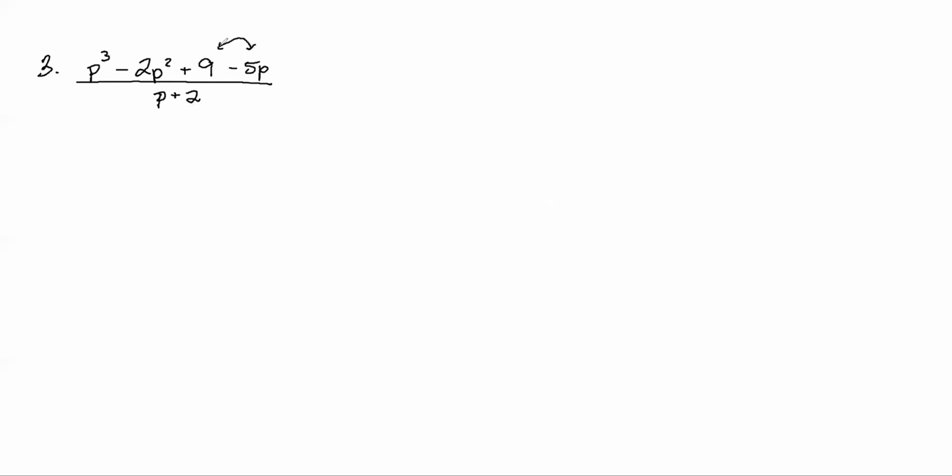So let's go ahead and set up our division. We're going to have p plus 2 on the outside. And then on the inside, we're going to have p cubed minus 2p squared minus 5p plus 9. There's our division setup. Now let's go ahead and start dividing.